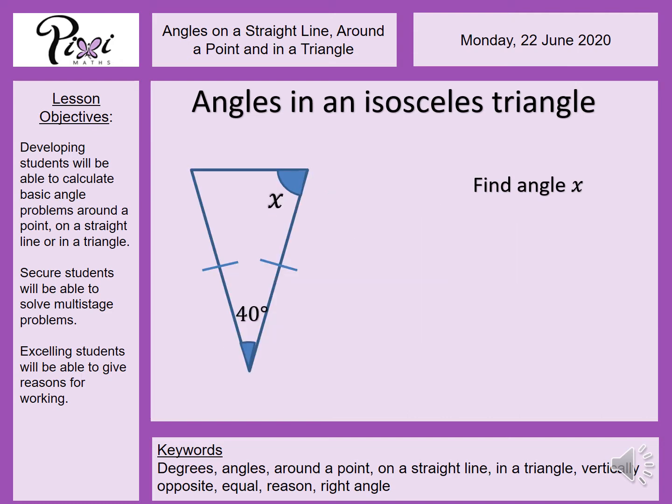Okay, so this one, again, we're trying to find a missing angle. So we've got sides here, and so we've got our different side here. So notice every time I'm labelling it, that is so I don't get confused and make a mistake. So if I've labelled this the different side, that means that this is the different angle.